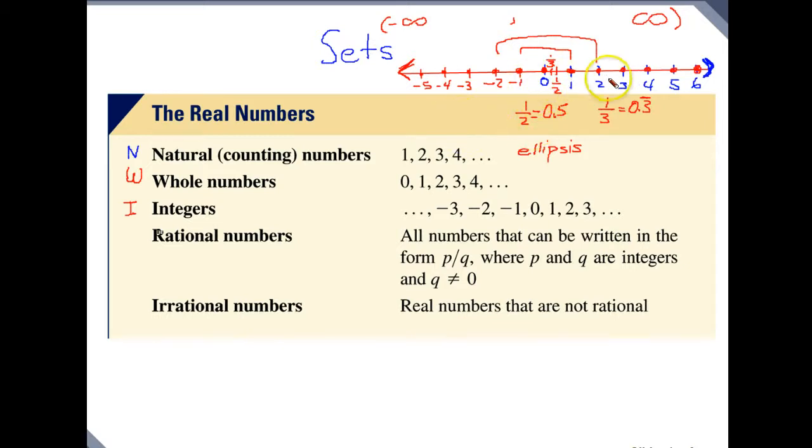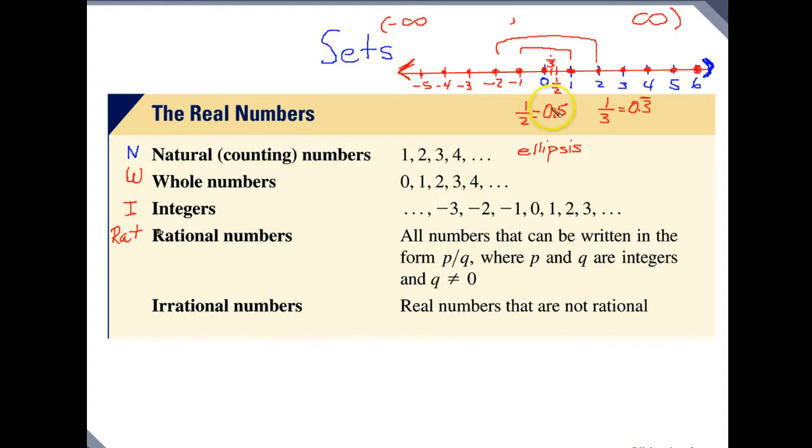Now those fractions that are between these integers, along with the integers themselves, are called rational numbers. So rational numbers are any number that can be written in the form of a fraction.